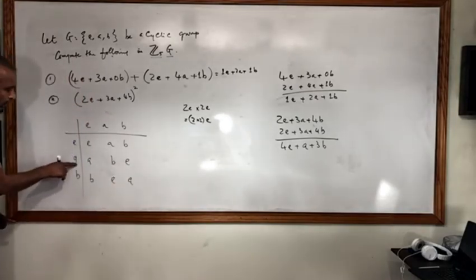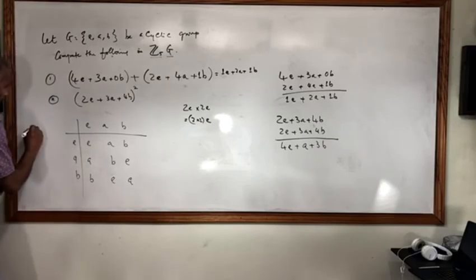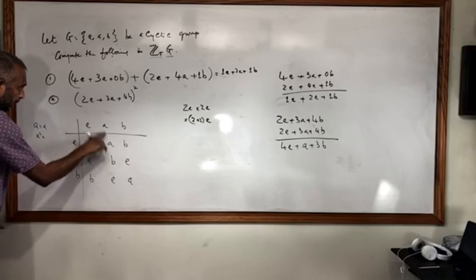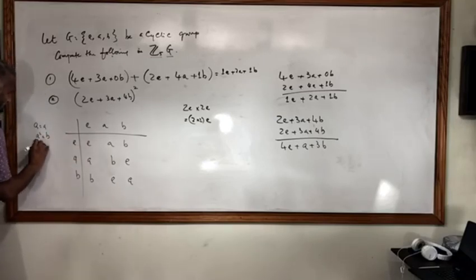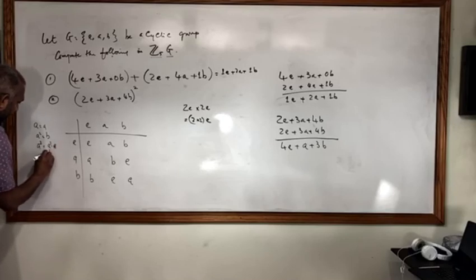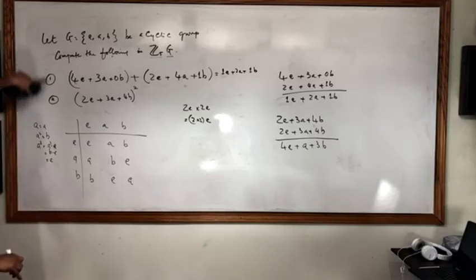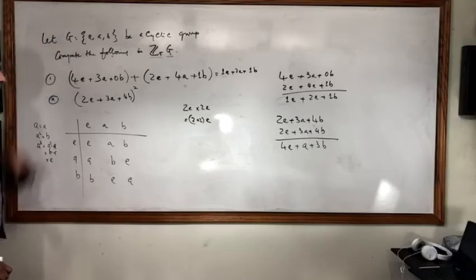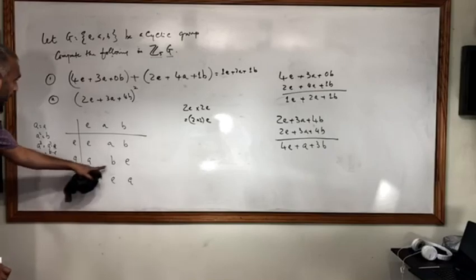That is how this becomes a cyclic group, because a squared is b, and a cubed is a squared times a, that is b times a, and that is e. So a squared is b.